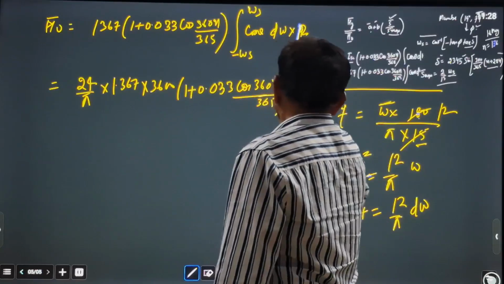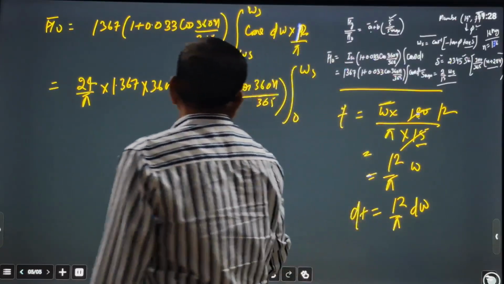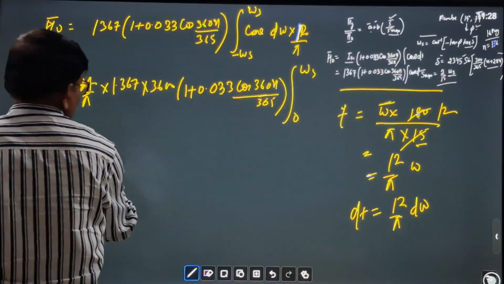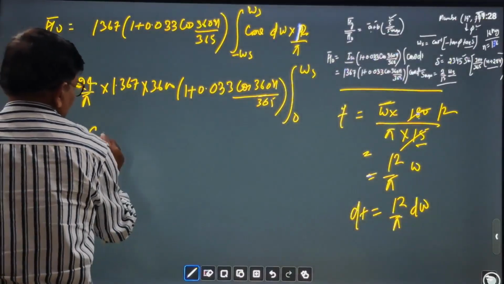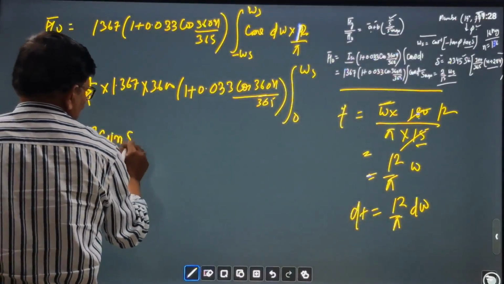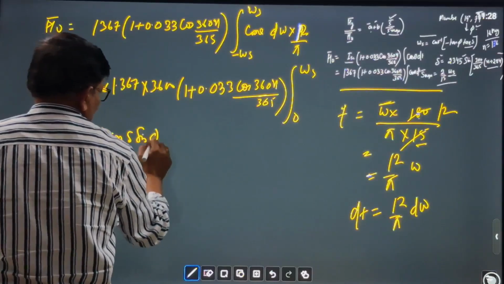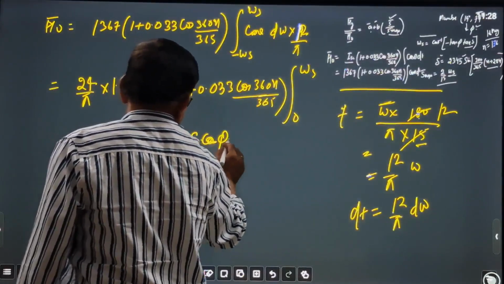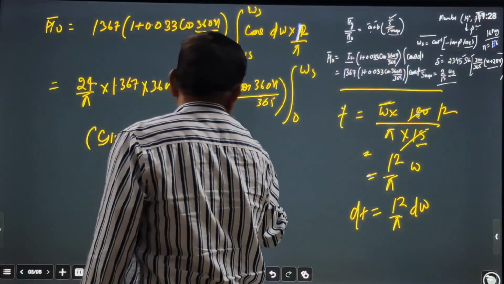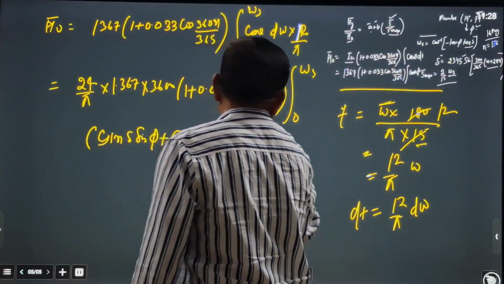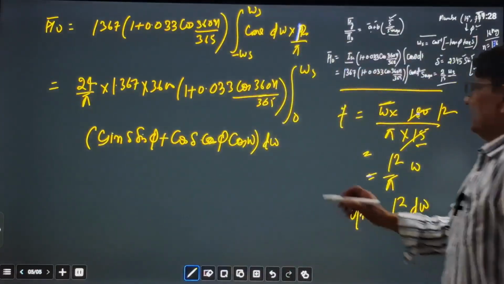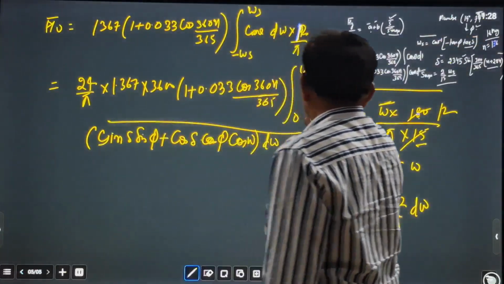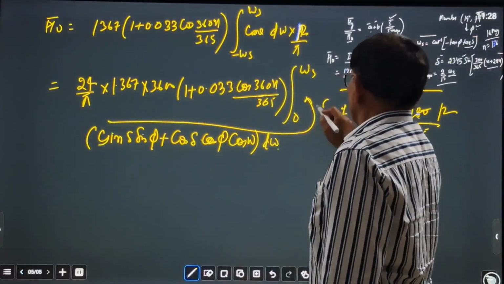Now integration 0 to omega s. The rest of the value we have to write here, multiplied by cos theta, which is sin del sin phi plus cos del cos phi cos omega, d omega. Integrate this one.